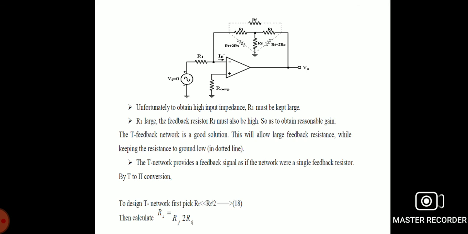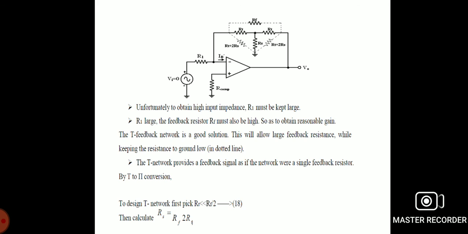The T network provides a feedback signal as if it were a single feedback resistance, by T to pi conversion. To design the T network, first pick R1 less than R2, then calculate RS equal to RF into 2R4.